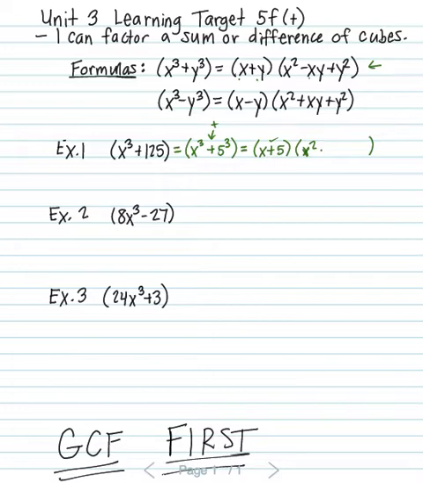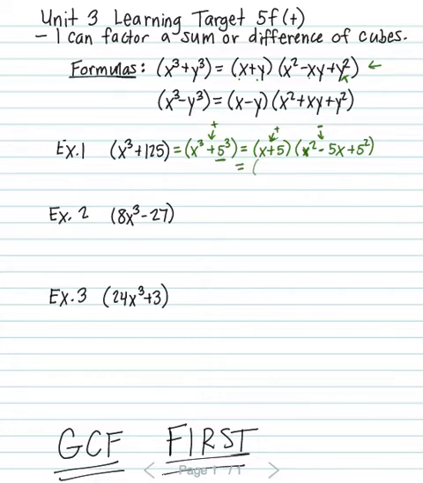Basically, all you're doing is multiplying your two pieces. So we're going to multiply 5x. Again, since our first one is positive, this one's going to be negative. Then this last piece of the formula, y squared, means whatever the second thing is, square it. So in this case, our second thing is 5, so we put 5 squared.